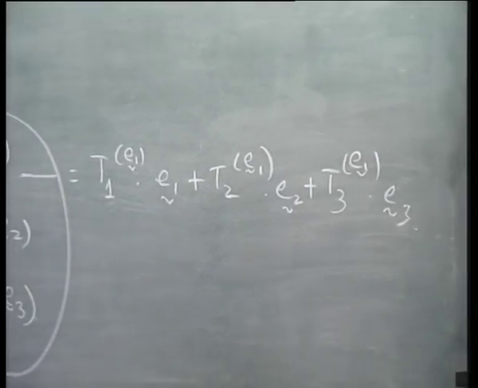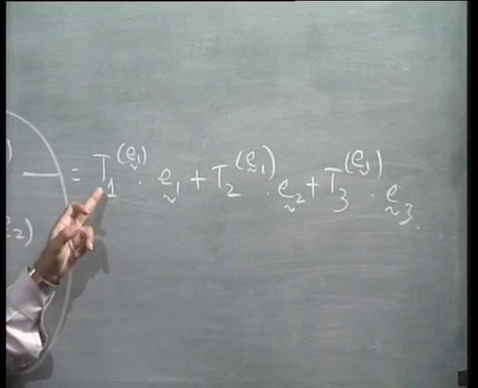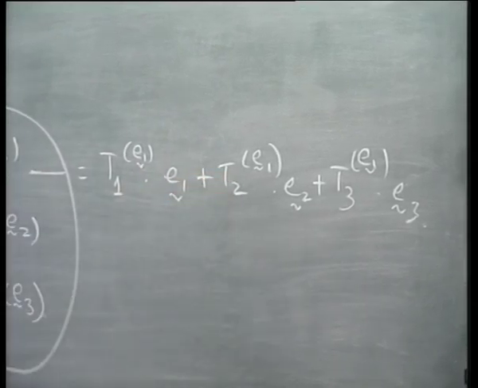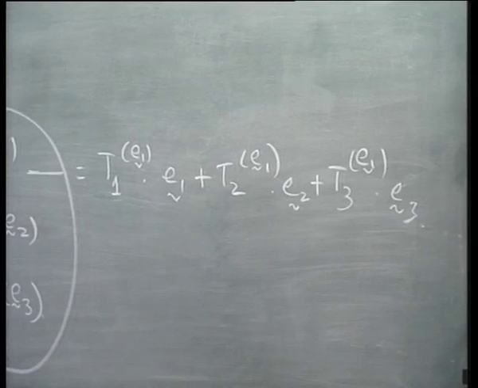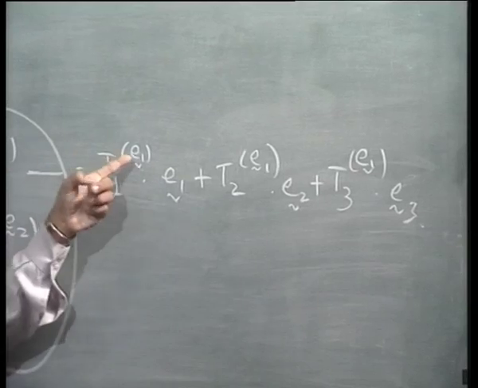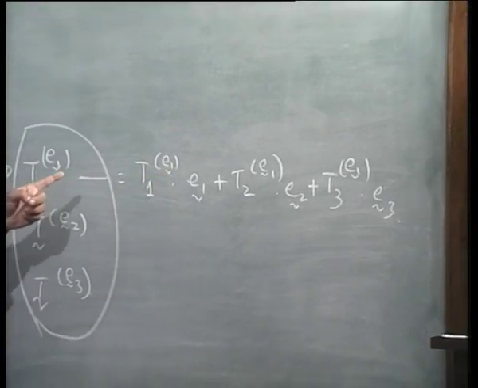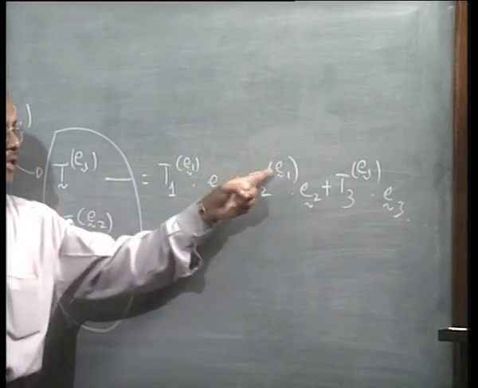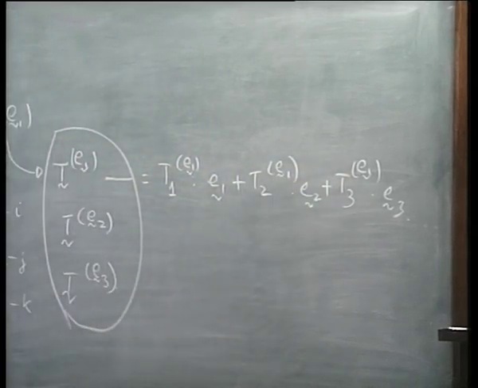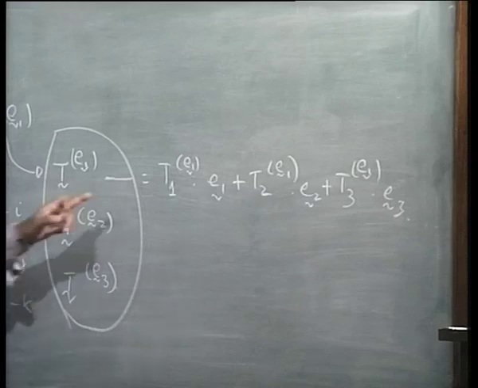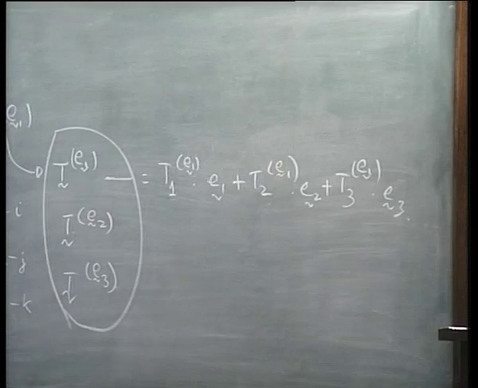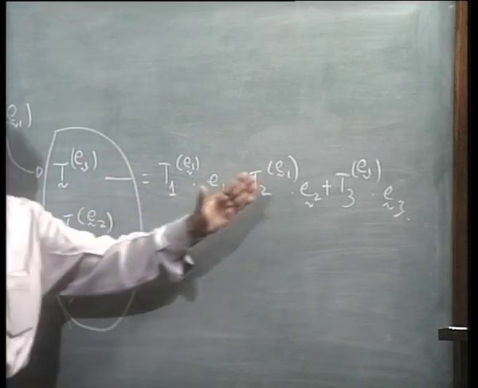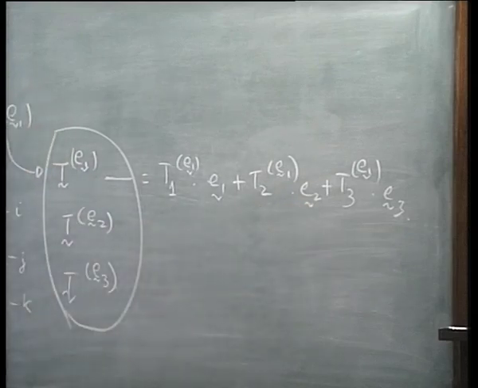So this vector is resolved in the one direction, 2 direction, 3 direction. Note this very carefully, that this vector has E1 as the plane. So E1 remains the same, and this 1, 2 and 3 indicates the directions, and E1, E2, E3 are the unit vectors along the 3 axes x1, x2 and x3.